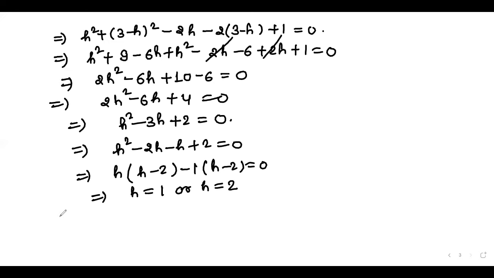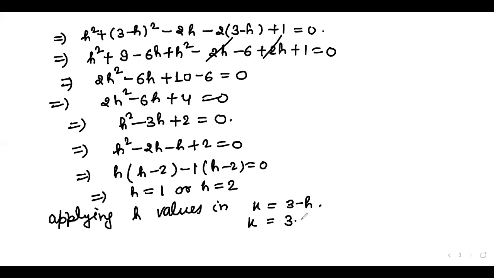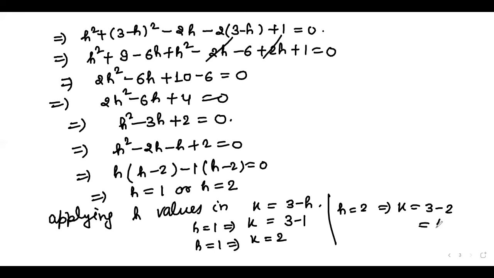Now applying the h values in k equals 3 minus h. So k equals 3 minus 1 when applying h equals 1, so k is 2. When h is 1 then k is 2, and when h is 2 then k is 3 minus 2, that is 1.